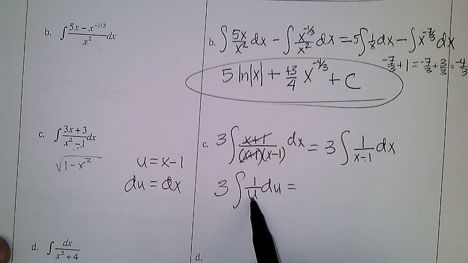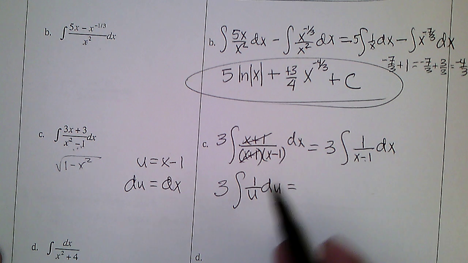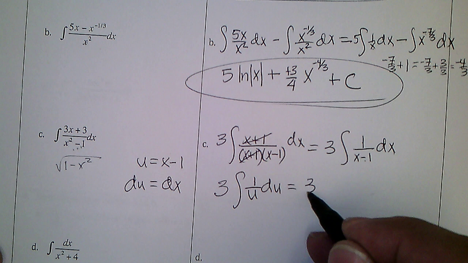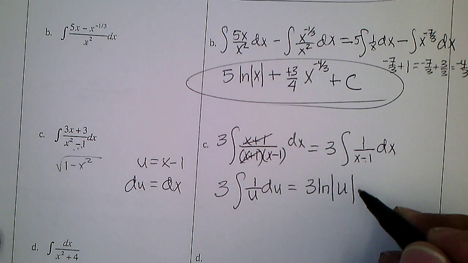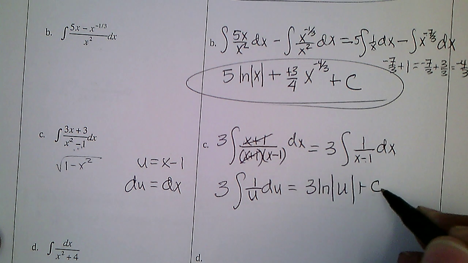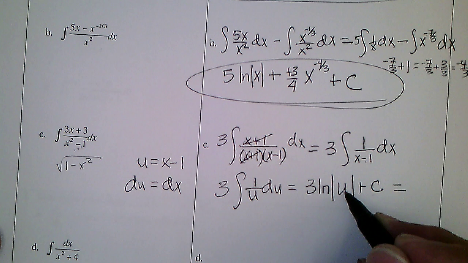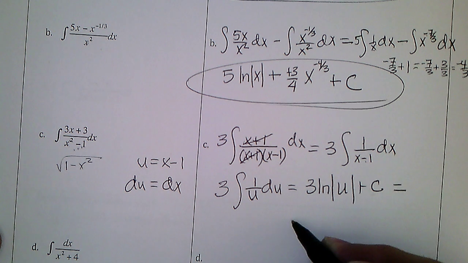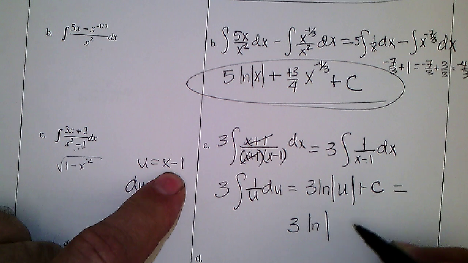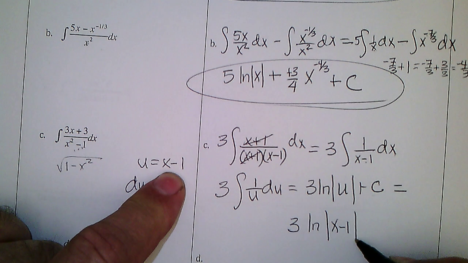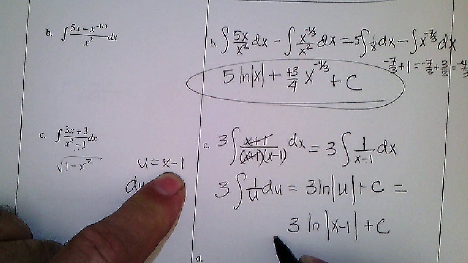So that becomes u to the minus 1. We can't use the power rule, but 1 over u becomes ln. So this is 3 ln absolute value of u plus c. And now going back to x's, we get 3 ln absolute value of x minus 1 plus c.